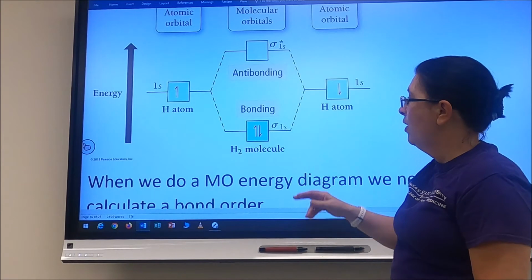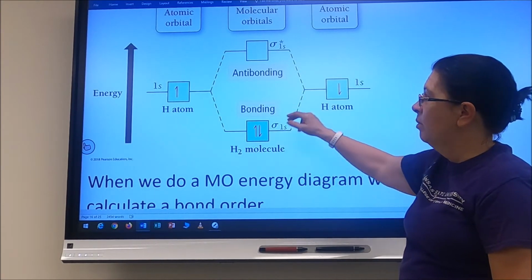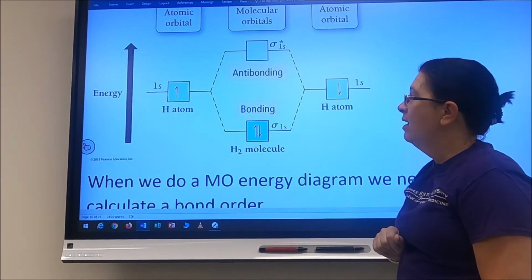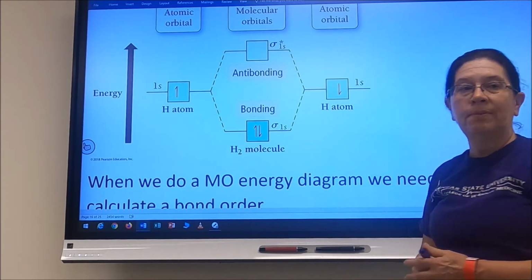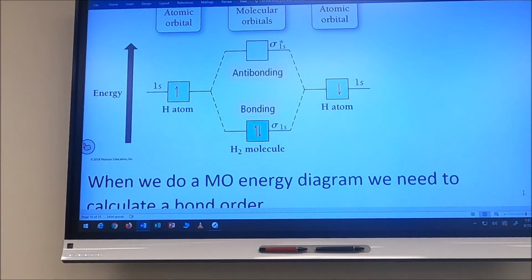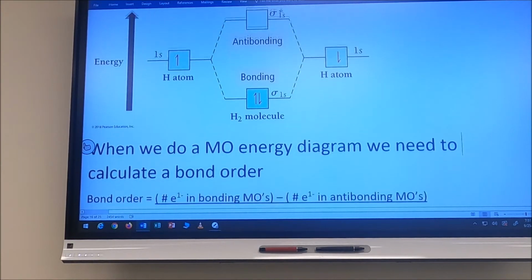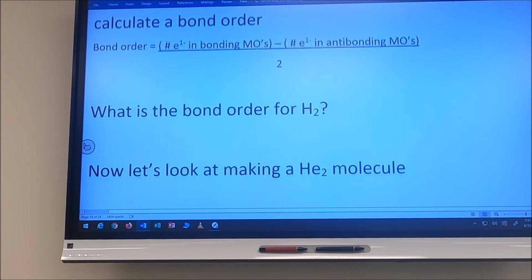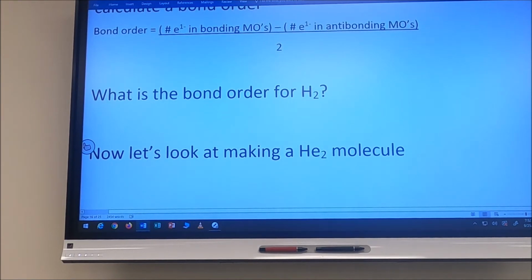As long as you have more electrons in bonding orbitals than anti-bonding orbitals, the molecule can exist. We check this by calculating a bond order. Bond order is calculated by taking the number of electrons in bonding molecular orbitals, subtracting the number of electrons in anti-bonding molecular orbitals, and dividing by 2.